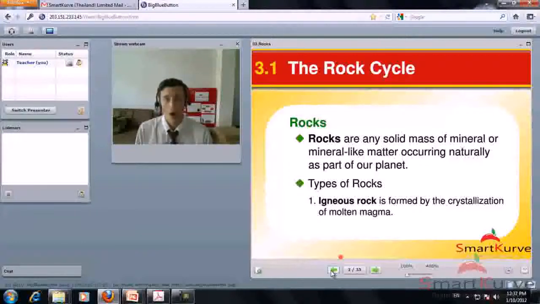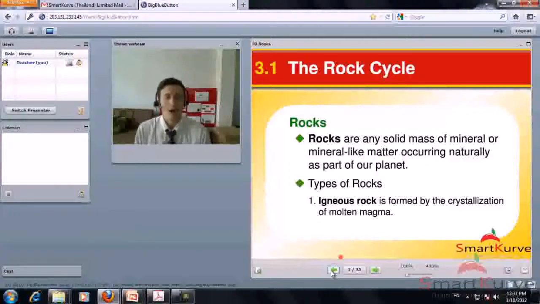It's so hot that rocks actually melt. So they go from being a solid to a liquid. They go from a solid state to a liquid state. This liquid rock, this very hot liquid rock, is called magma. Now that's what molten means, liquid, that hot liquid.